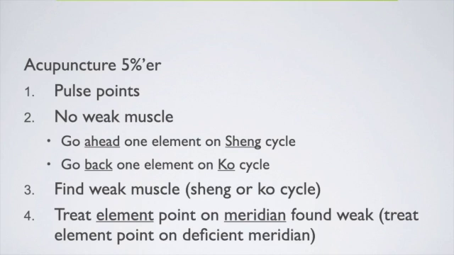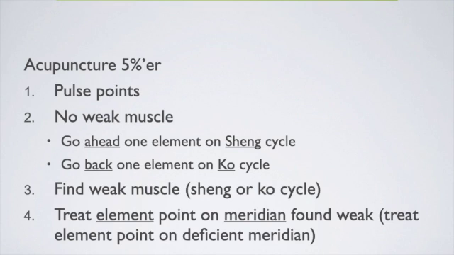And then even rarer is the 5%er, where you find no weak muscle related to the meridian that shows up on the pulse points. So the 5%er, there's a positive pulse point, you go to the muscle, no weak muscle.